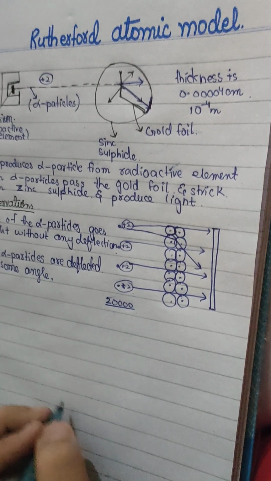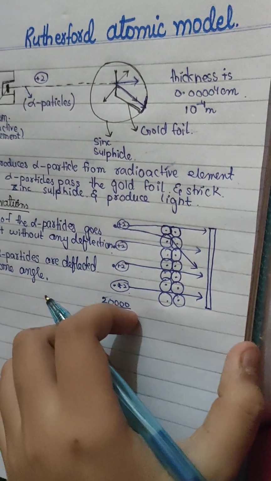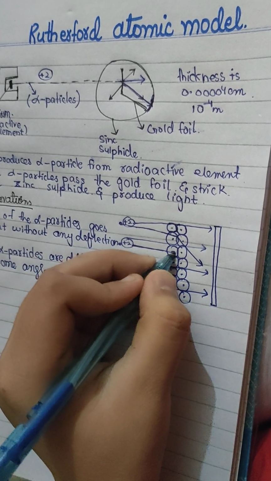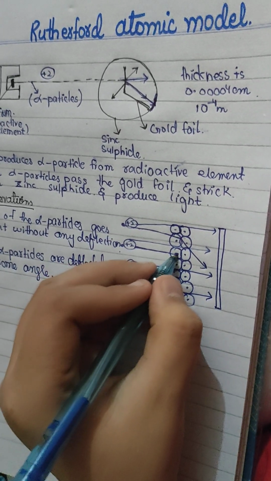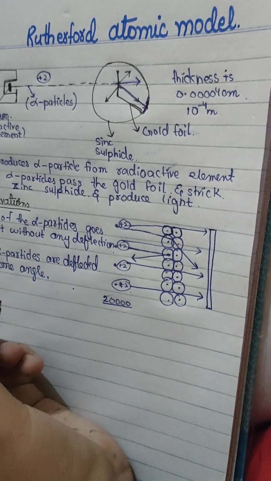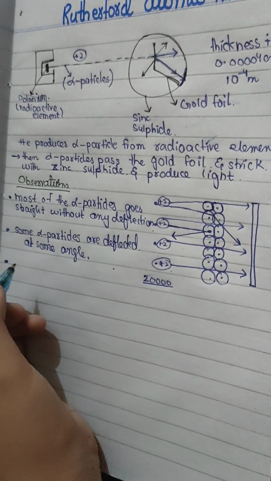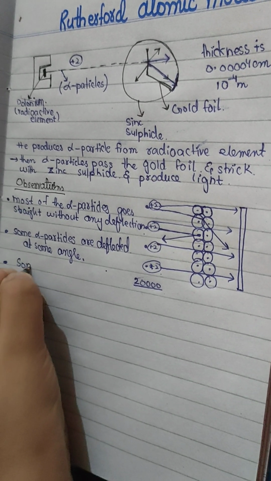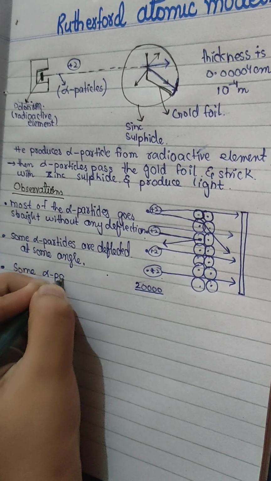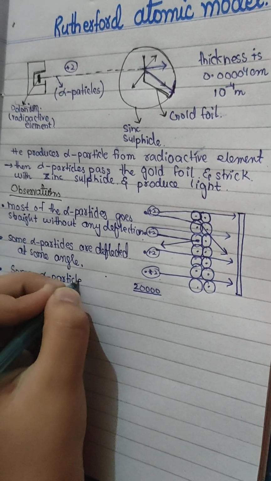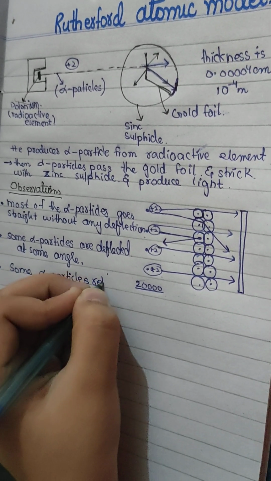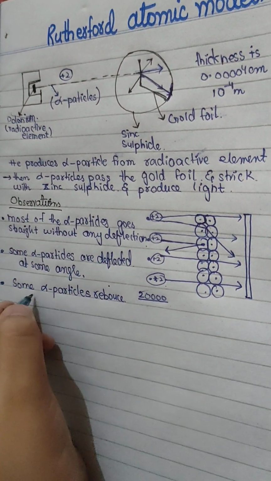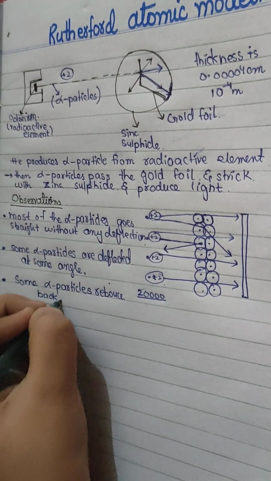After that, the third point he said is that some alpha particles rebound back. When the alpha particles were passing through and hit the nucleus, they bounced back, meaning they came back to the same position. So he said that some alpha particles rebound.